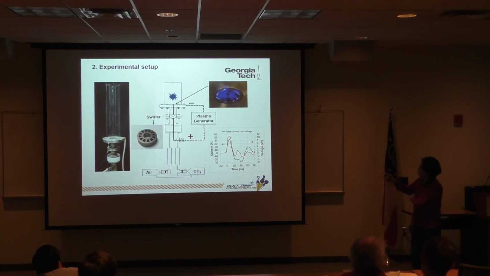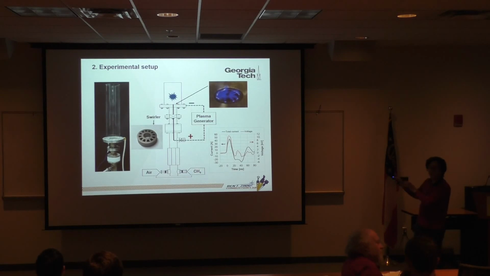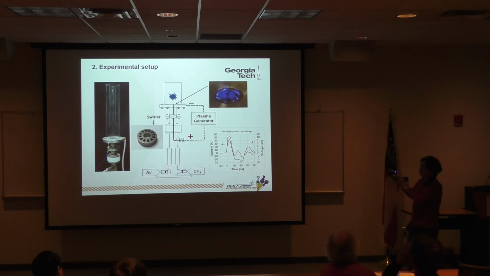Yeah, so what I use is nanosecond pulse plasma, and other people use microwave or microsecond pulse plasma. So yeah, that is also a good point. I can use other kinds of plasma and see the NOx emission and compare to these results.